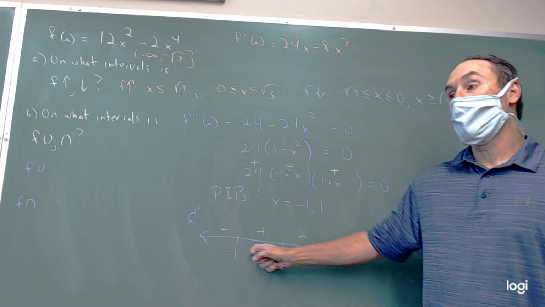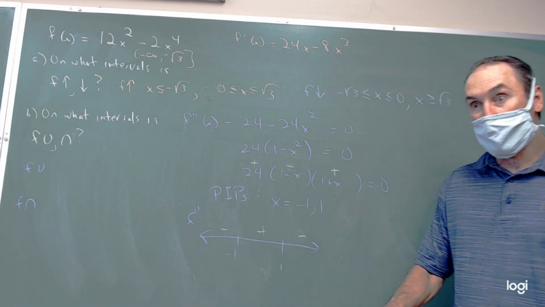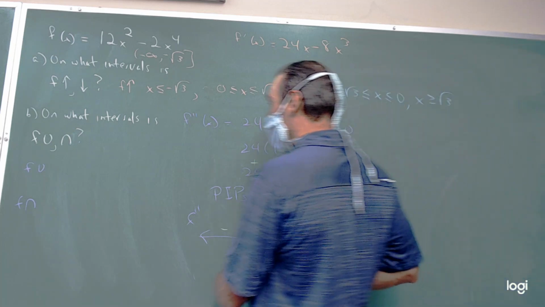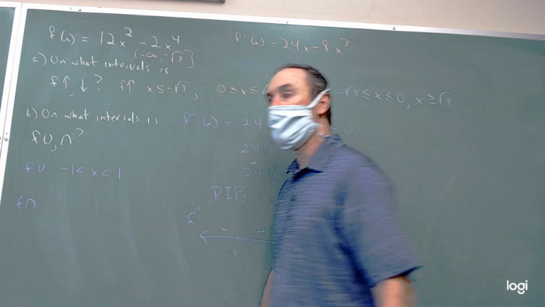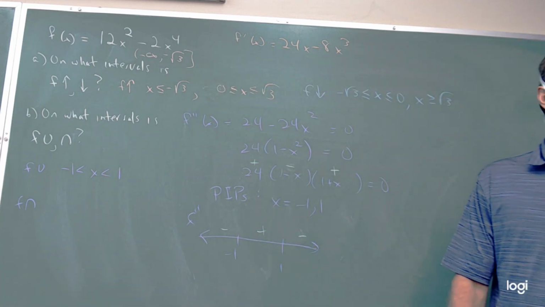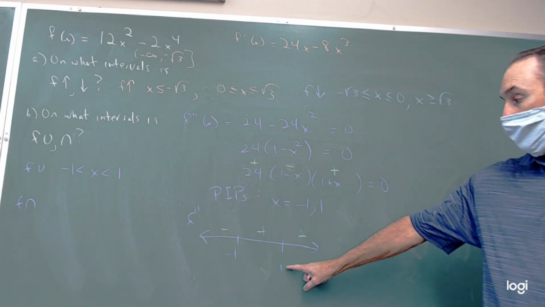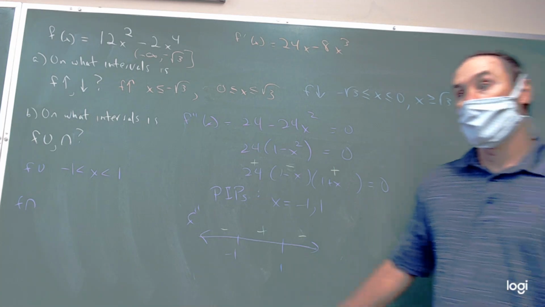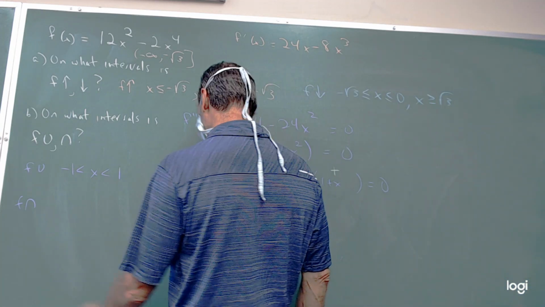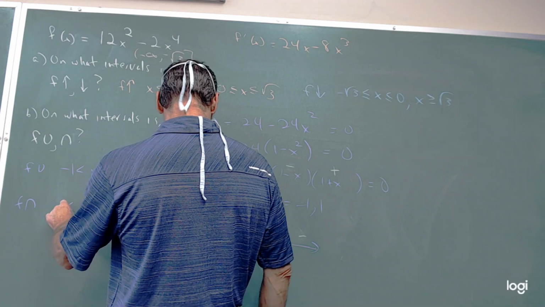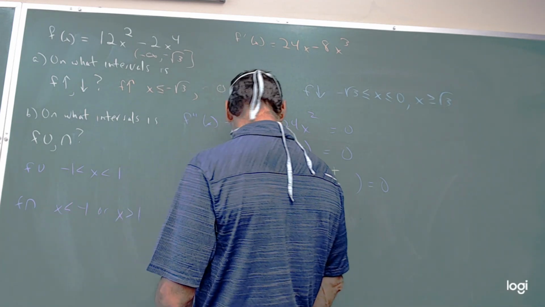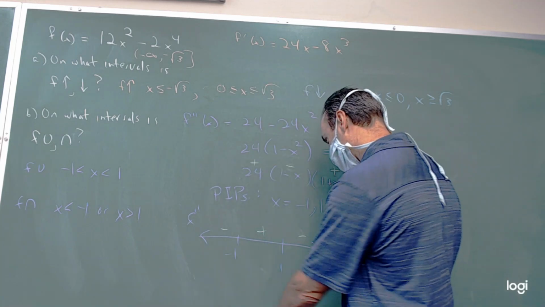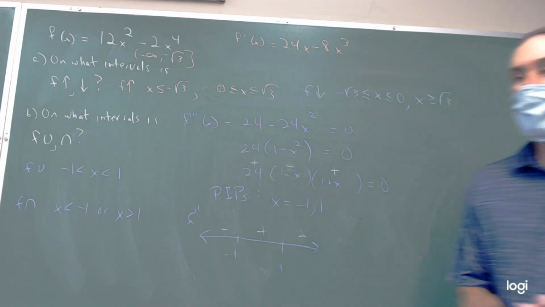On intervals for concavity, we never include the endpoints, so it's going to be from negative 1 less than x less than positive 1. And where it's going to be concave down is where the second derivative is negative. So that's going to be x strictly less than negative 1 or x strictly greater than positive 1. Questions on it?